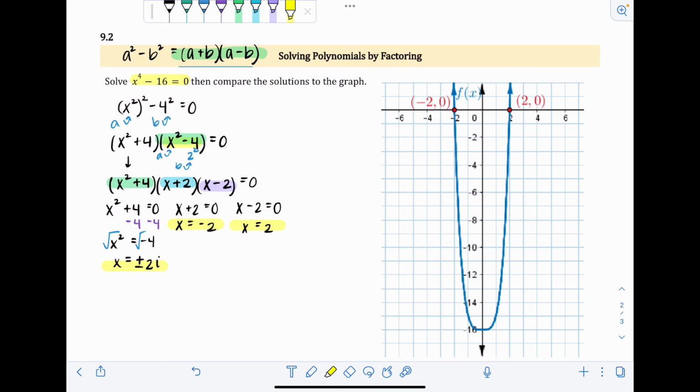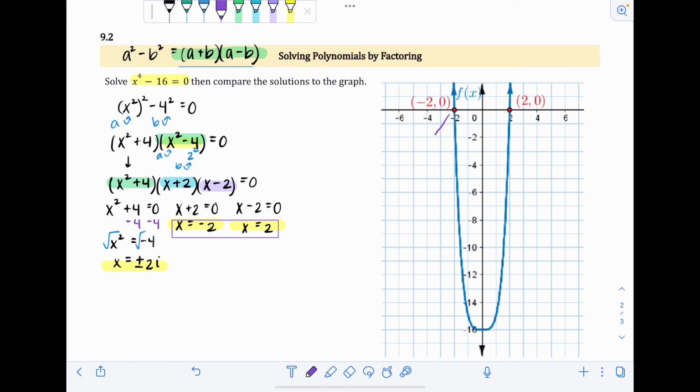And then remember when you're solving, the words like solutions, roots, x-intercepts, zeros, they all go together in the same family. So if we compare the solutions we got to the graph, the real solutions, x equals negative 2 and x equals 2, should be our x-intercepts, which they are.